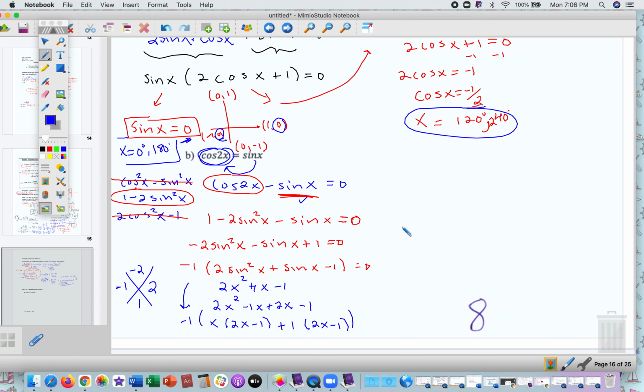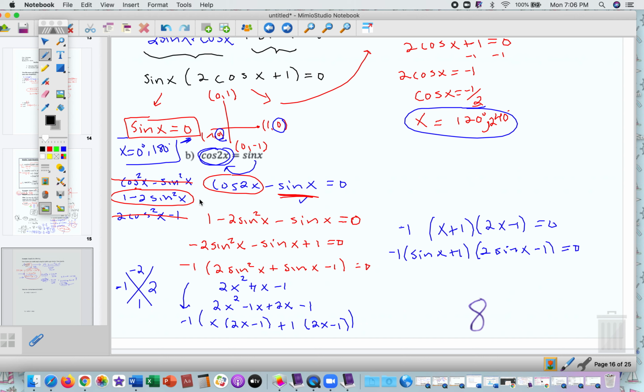So then we'll have negative 1's on the outside. We'd have x plus 1 times 2x minus 1 equals 0, and now I'm going to throw a sine back in there. So we have negative 1 times sine of x plus 1 times 2 sine of x minus 1 equals 0.